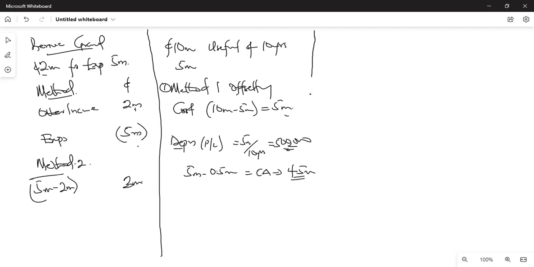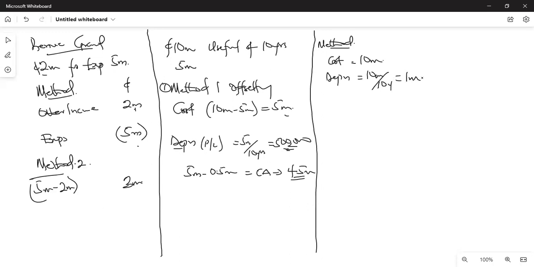Now, if you are going to use method two, you are going to maintain the cost of the asset at 10 million, meaning depreciation each year is going to be 10 million over 10 years, which gives you 1 million.